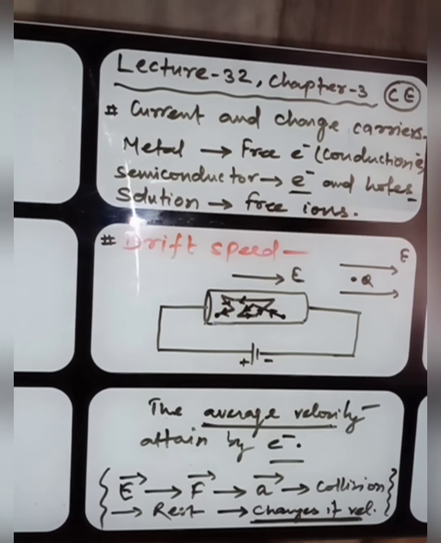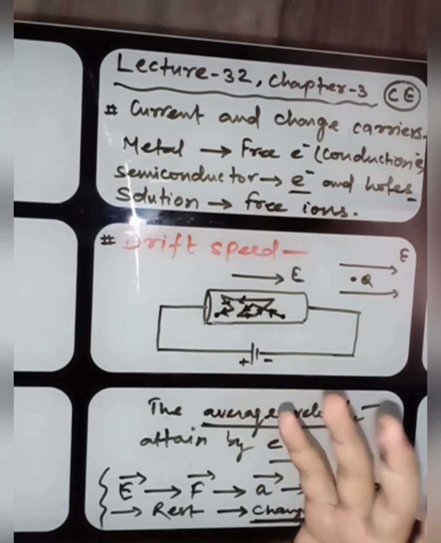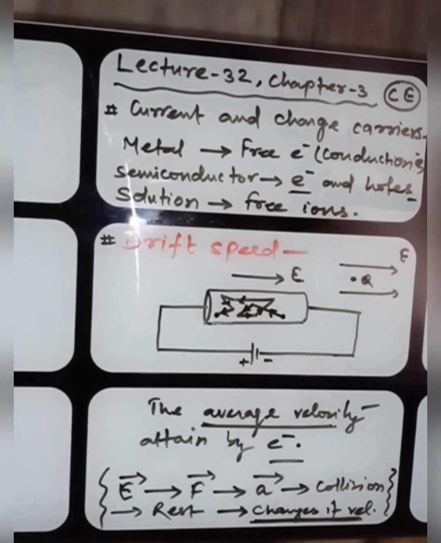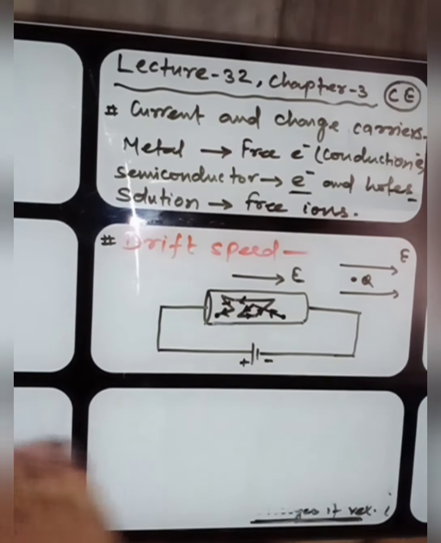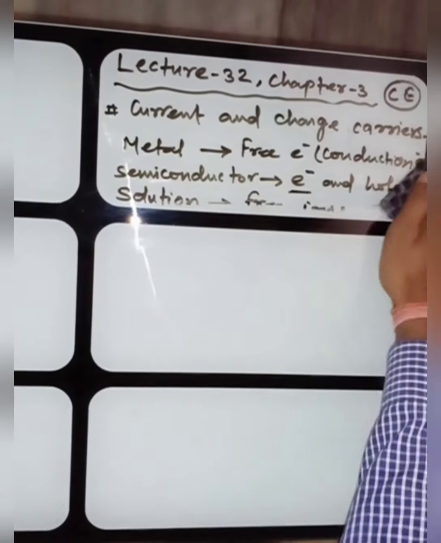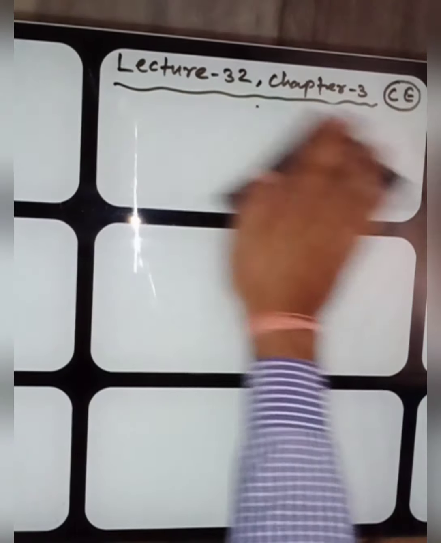This stepwise explanation will give you the mathematical expression of drift speed, my dear student. So we are going to derive here the expression of drift speed of an electron in any conductor. This is a question of examination also.